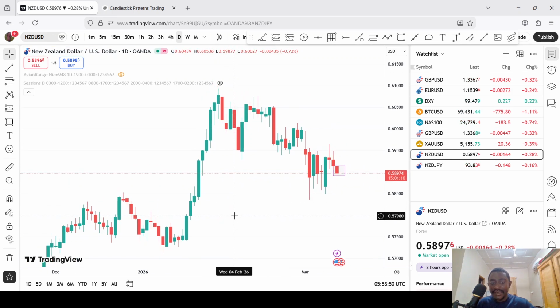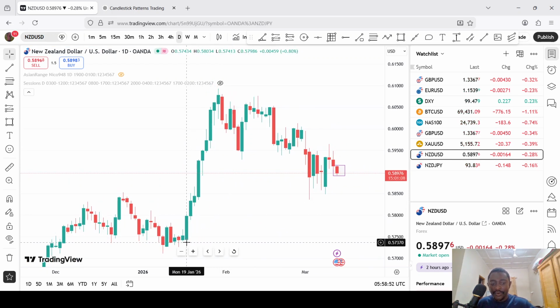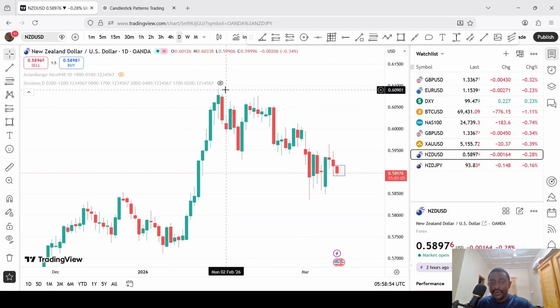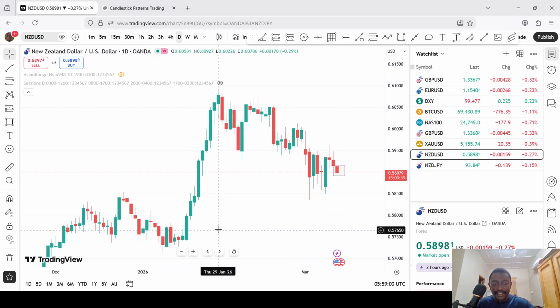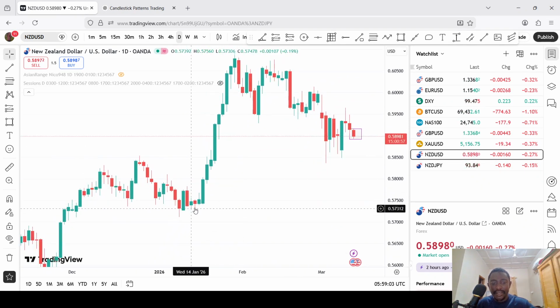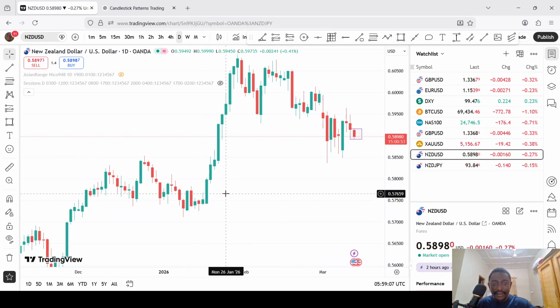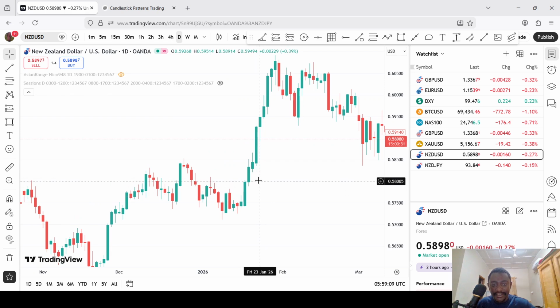With these candles, you can see that the ones going up are the green ones, and the ones coming down, whenever price is coming down, are the red ones. So if I take this one here, when you take the green candles, you see that this small session is the starting.